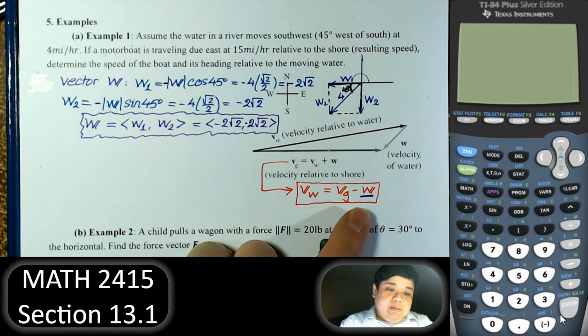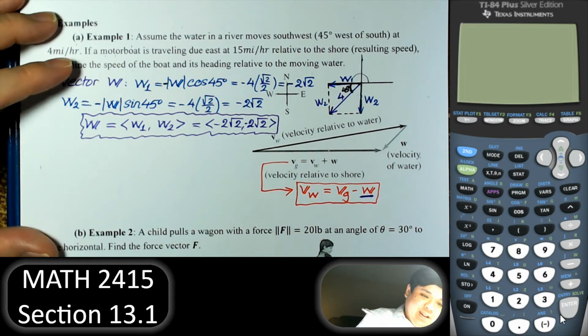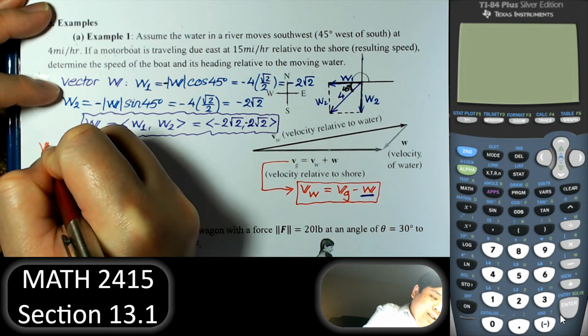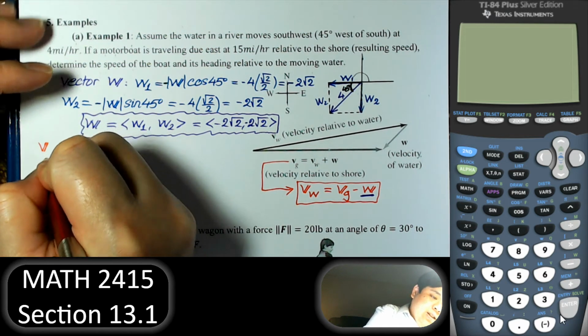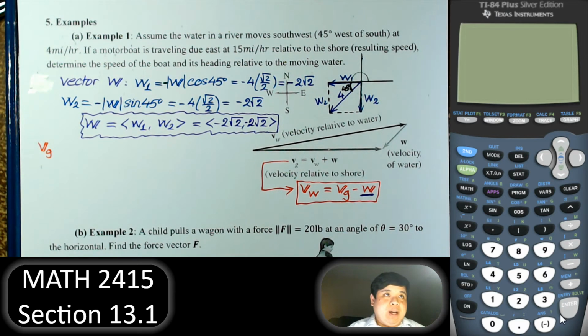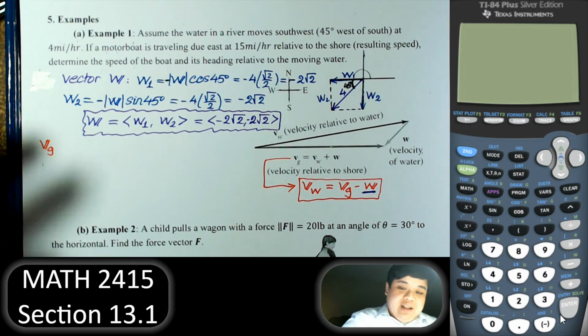Now we have one of them, W. Now the VG, velocity with respect to ground, or velocity with respect to shore. So with respect to shore it goes just in that direction. So that's easy.